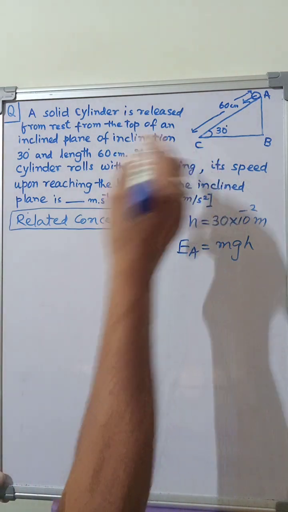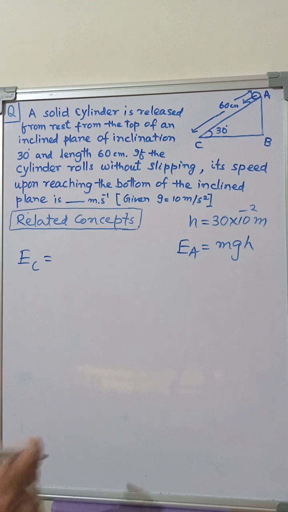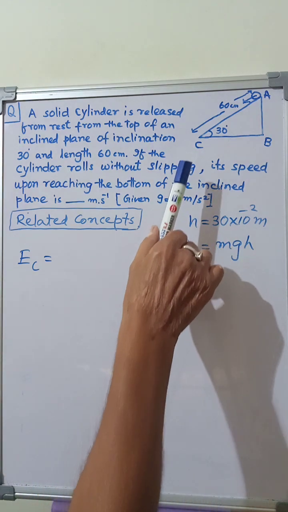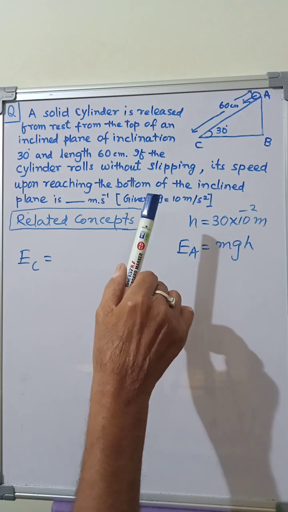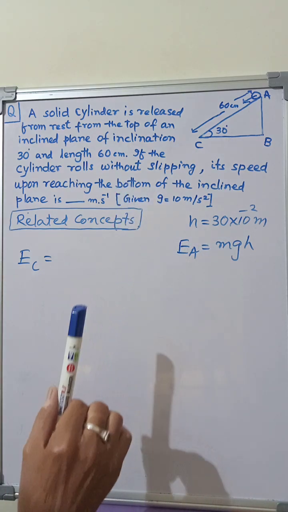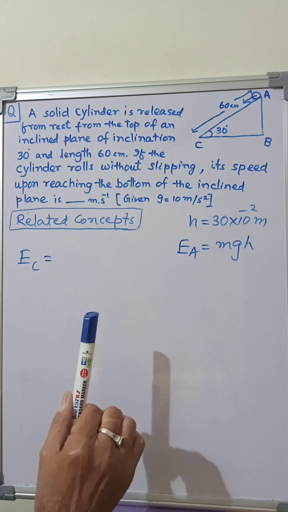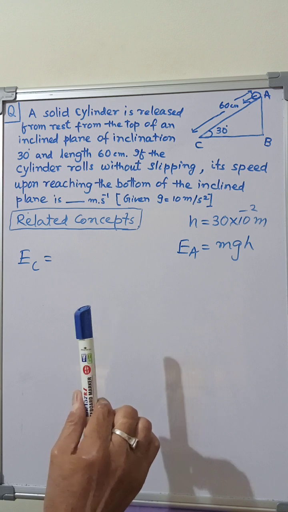What is the total energy at C, EC? Now obviously it is the bottom of the inclined plane, therefore the potential energy of the cylinder is equal to 0, and it has got only kinetic energy of both kinds, that is kinetic energy of translation and kinetic energy of rotation.